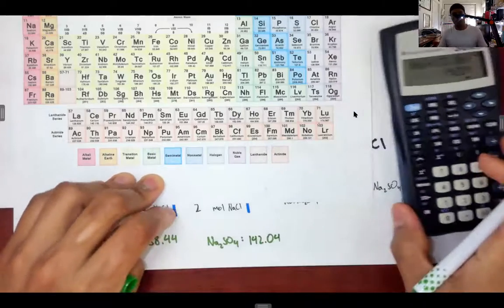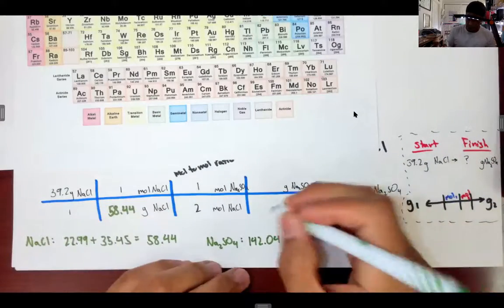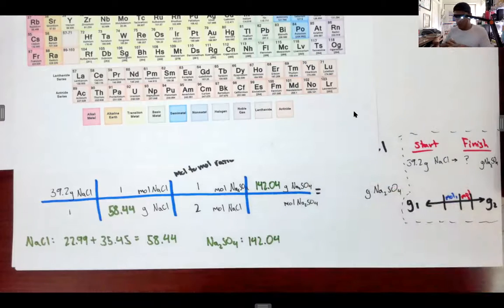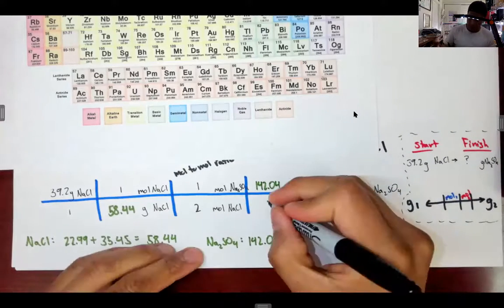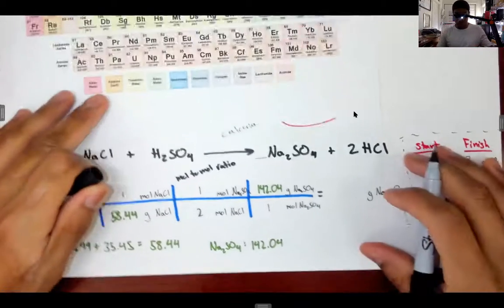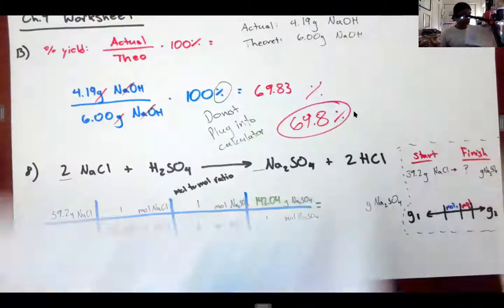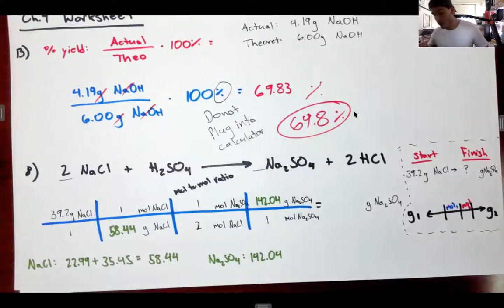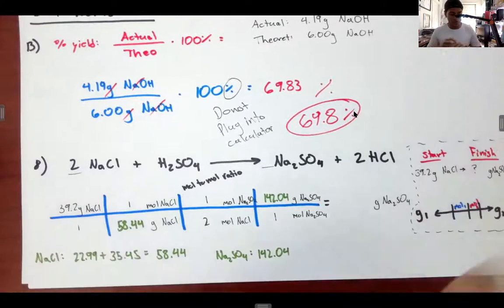Okay, and that's the molar mass in grams of 1 mole of Na2SO4. Okay, guys? So you have everything you need. Now, before you start working it out, what you should do is check that everything cancels out.